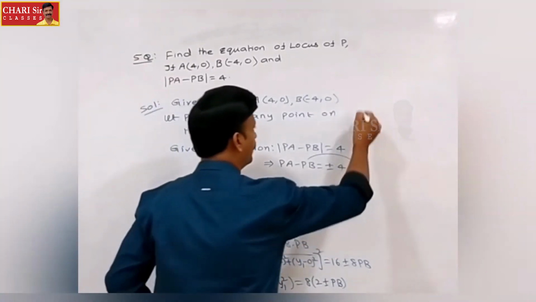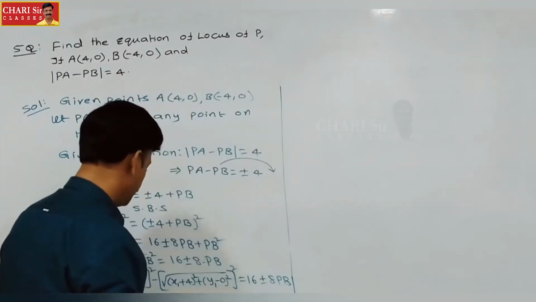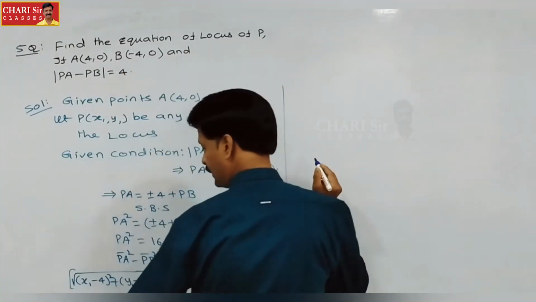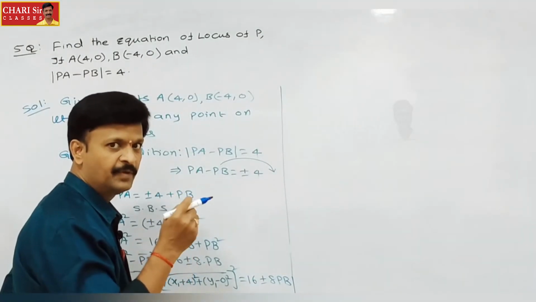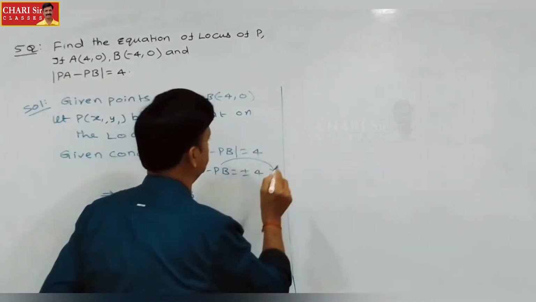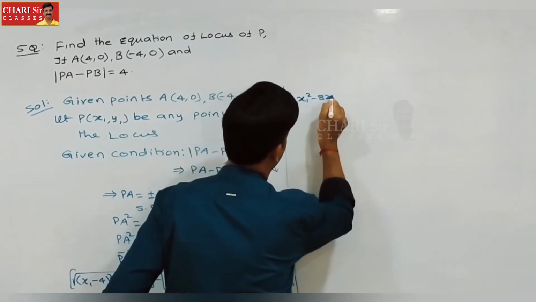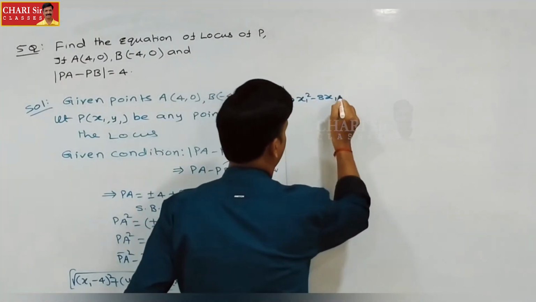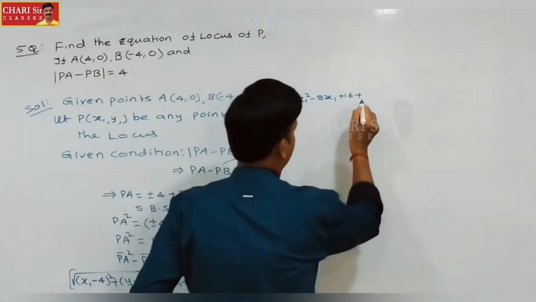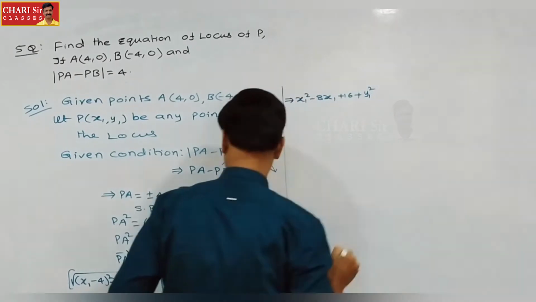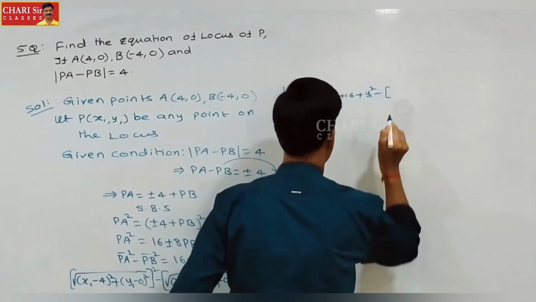Now we simplify the left hand side. (x1 minus 4) whole square is the (a minus b) whole square formula, so we can write x1 square minus 8x1 plus 16 plus y1 square as it is. After that we continue the bracket because minus is there.